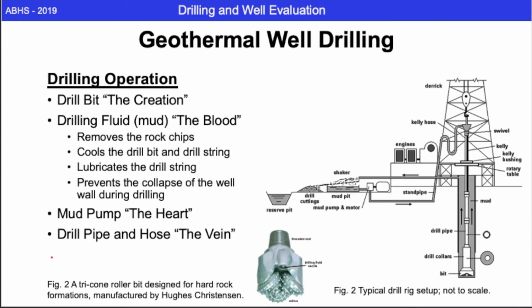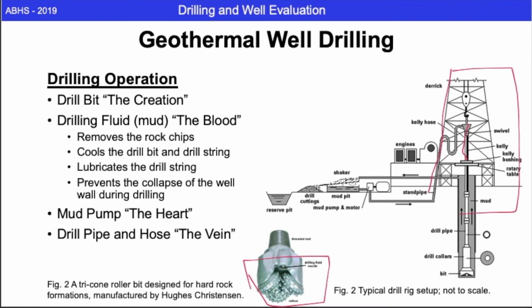When we do geothermal drilling, it's quite similar to other drilling, such as in petroleum. So we use the drill bit, the drilling fluid, the mud pump, and the vane. We usually use the tri-cone roller bit or the diamond bit to make a hole and puncture the lithologies in the geothermal system. Here we can see the hoisting, the derrick and the mast, and this is the rotary table.